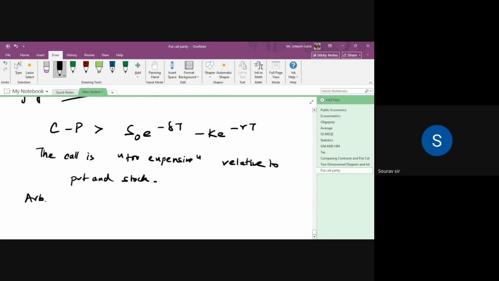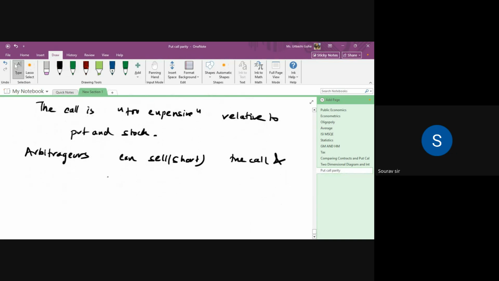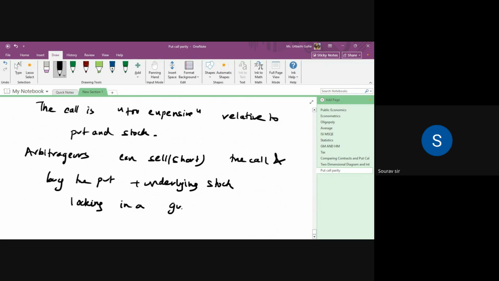Okay, and arbitrageurs can sell short the call and buy the put plus the underlying stock, locking in a guaranteed profit.